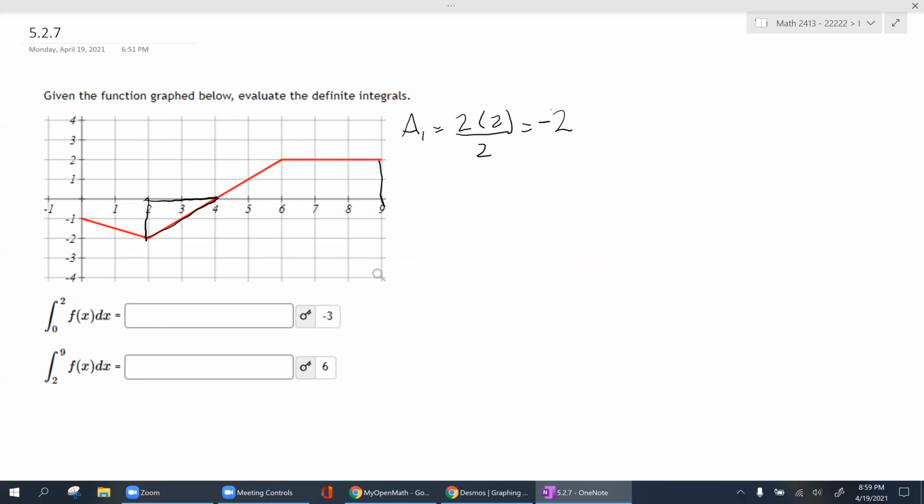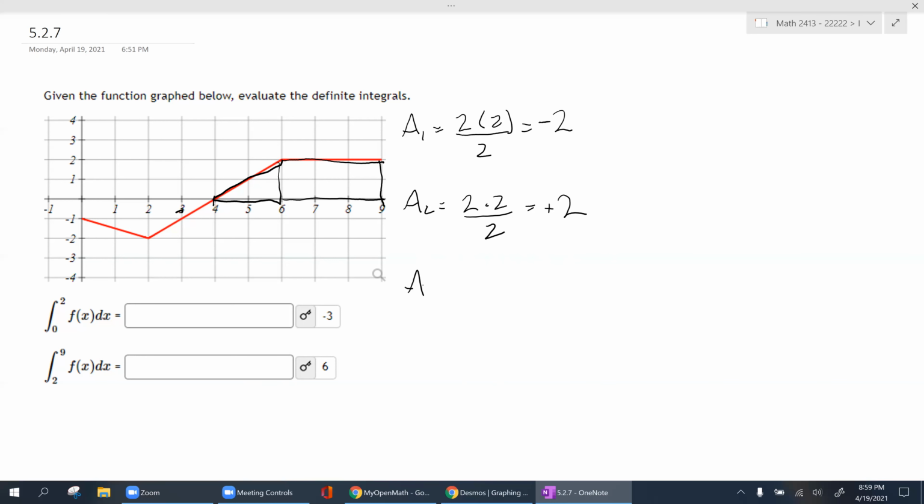For this next shape, going to the right from here, between 4 and over there, I can find the area of this triangle, and then I can find the area of this rectangle. So area 2 is above the axis, so it's going to be positive. Its base, which is the distance of 2, times height, which is the distance of 2, divided by 2 because it's a triangle, so this is going to be 2, positive.